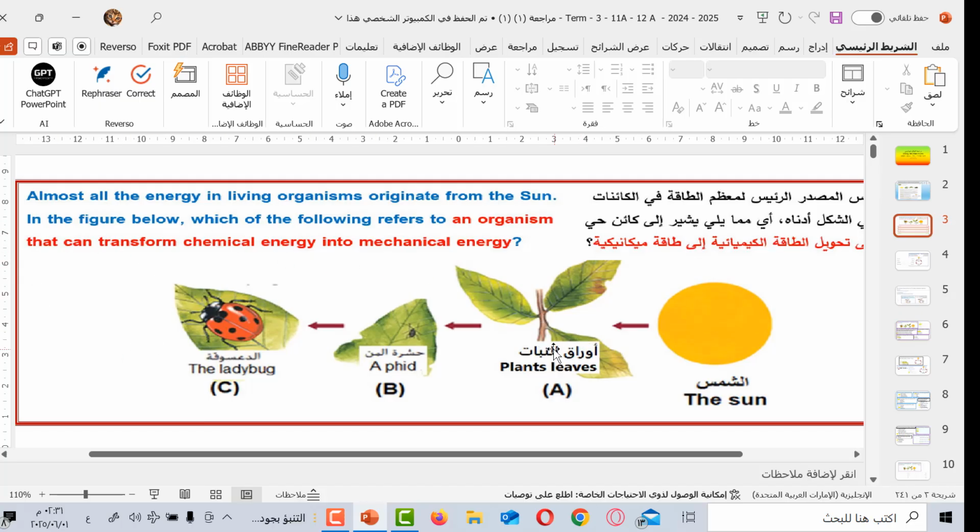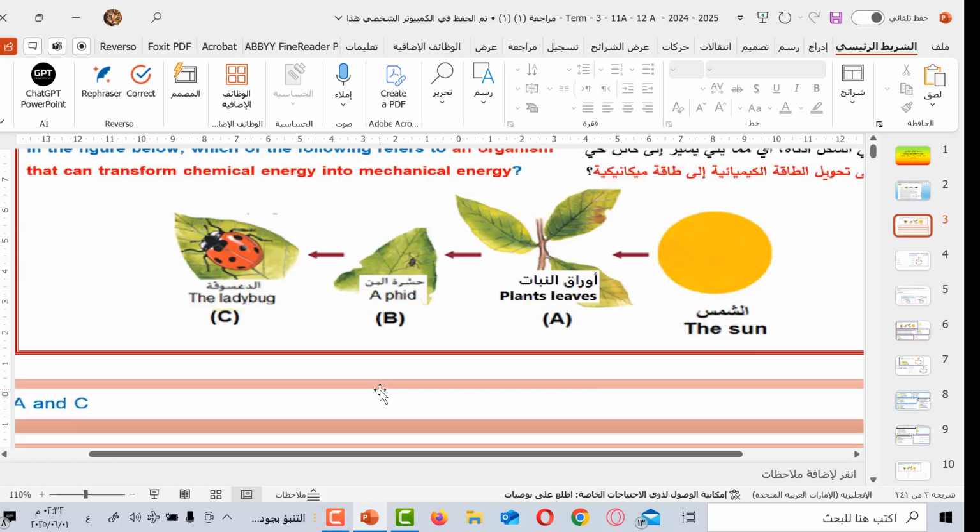Here, the plant, okay, and the feed, and the ladybug. Which one can change the energy from chemical to mechanical? Okay. Let's see the choices. Choose this. Where? Again. Yeah, now it's okay.